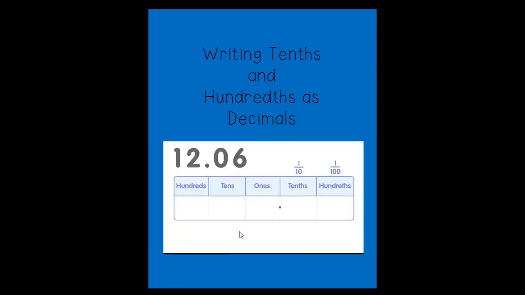Here's another example. The number 12.06 is made from 1 ten, 2 ones, no tenths, and 6/100ths. It is very important to write the 0 in the tenths column because 12.06 is not the same number as 12.6.